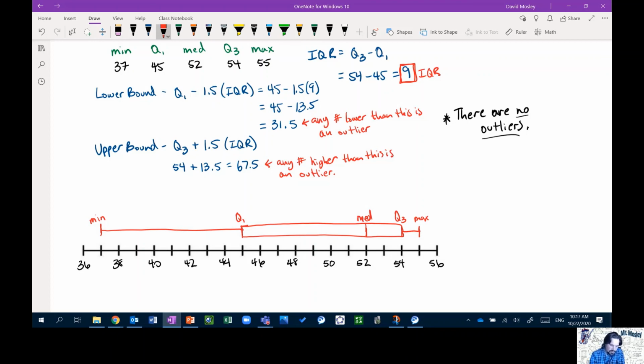We know that the location of Q1 is the 25th percentile. The median is the 50th percentile. And Q3 is the 75th percentile.